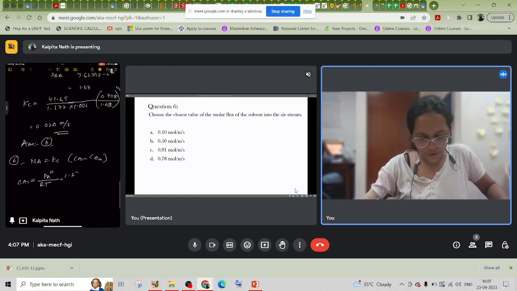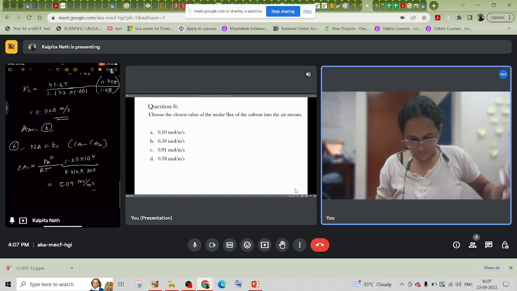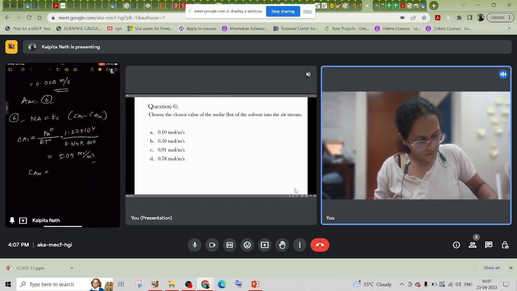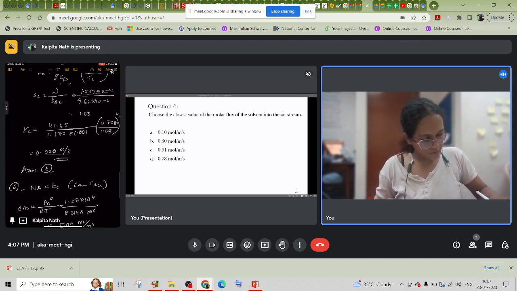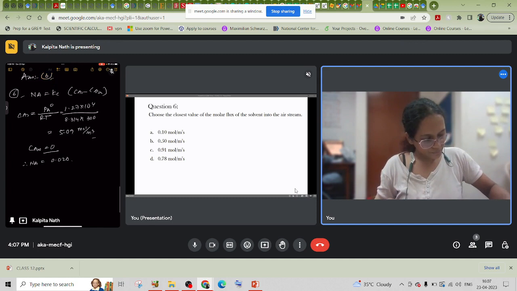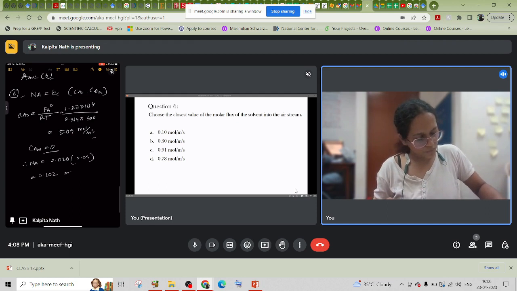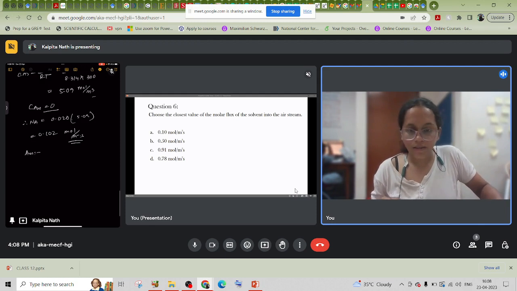That is 1.27 into 10 to the power 4, already given in the question, upon 8.314 into the temperature given. This gives us 5.09 mole per meter cube. But C infinity is equal to 0. Therefore, NA is Kc, already found, 0.020, into 5.09. That gives us 0.102 mole per meter square per second. This is option C.